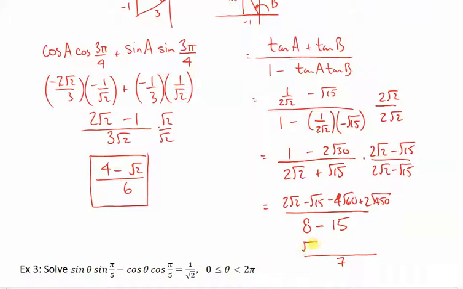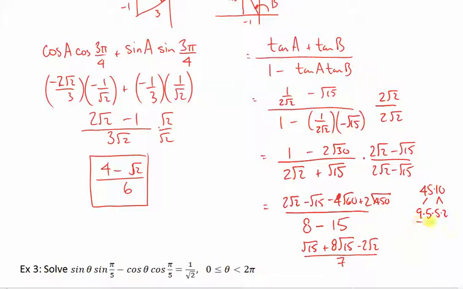So I'll call this positive root 15 plus 60's got a 4 factor in there, so I'll liberate a 2 root 15, that's plus. The 2 root 2 is now minus 2 root 2, and the root 450 is 45 times 10, which is 9 times 5 times 5 times 2.